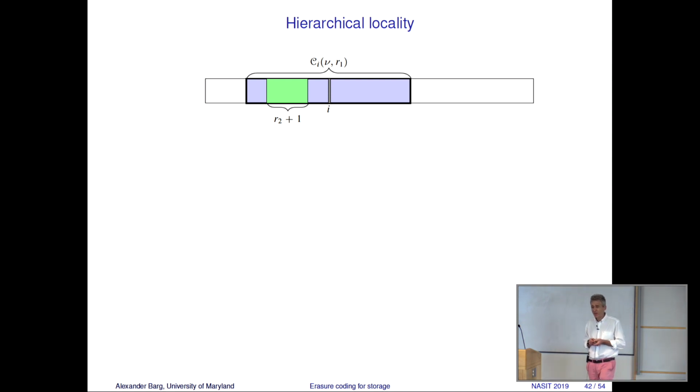Hierarchical locality. Let us think of the following. Suppose that more often than not, we would like to correct one erasure. Okay, we know what to do. Suppose that sometimes we want to correct two. Well, the original construction didn't make provisions for that.